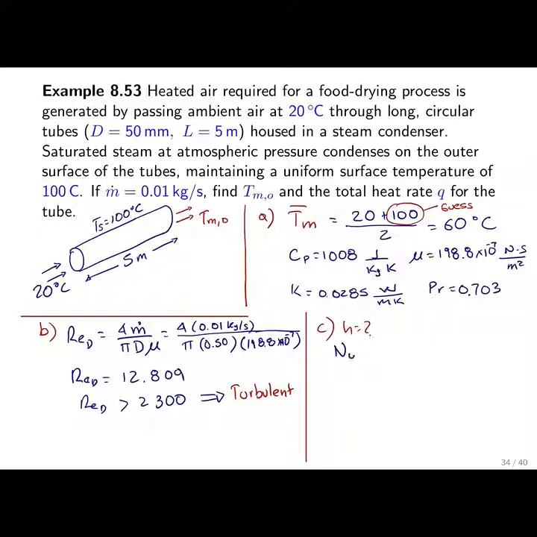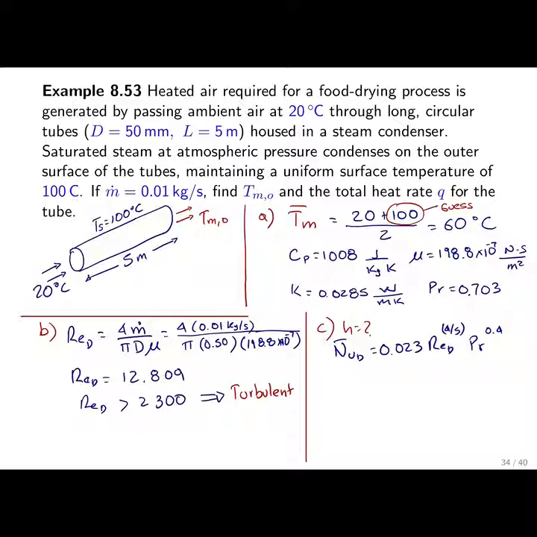So Nusselt D is equal to 0.023 Reynolds D to the 4/5 and Prandtl to the 0.4. The fluid here is heating up, so that's why we choose the exponent of Prandtl equal to 0.4. If it's cooling down, it will be 0.3.